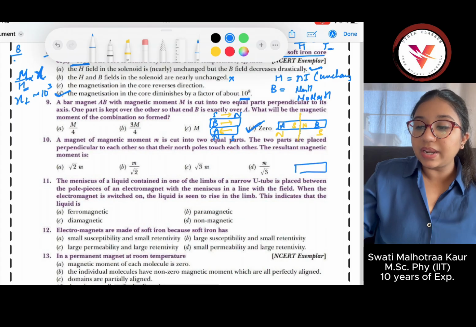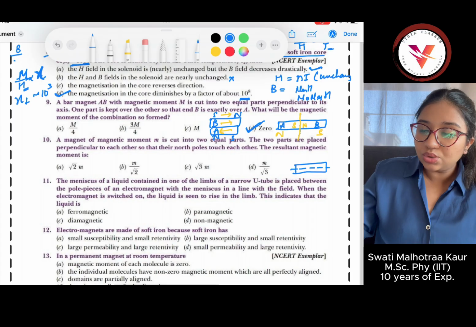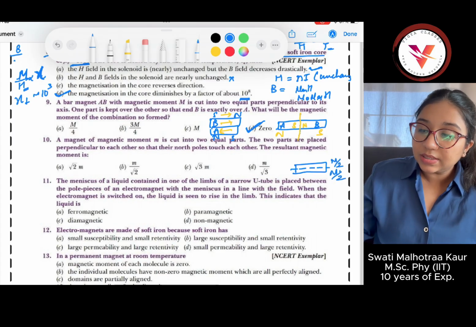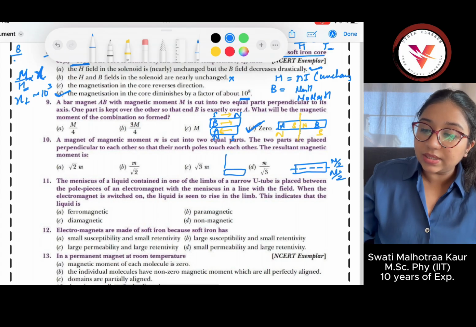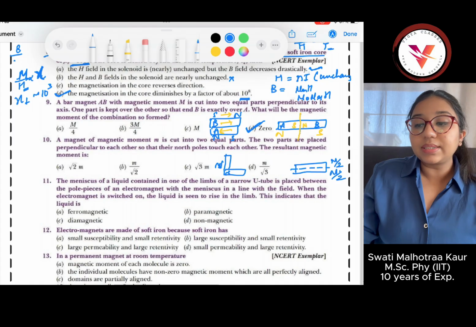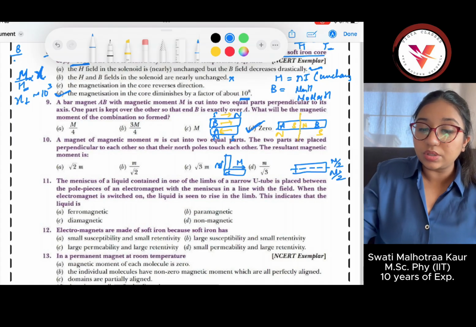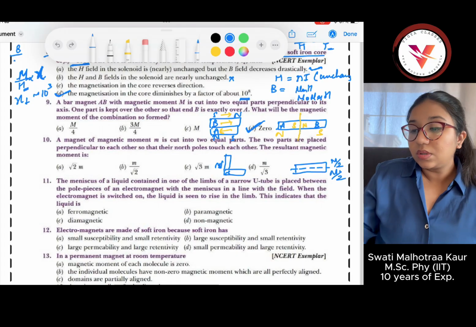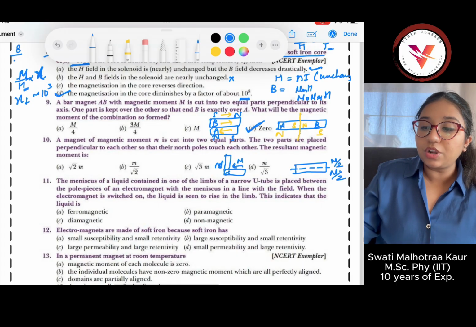Let's say you have a magnet cut into two parts. Let's say it is cut like this. Each part will have a magnetic moment of M by 2. Then it is placed perpendicular to each other like this, so that their north poles are together.